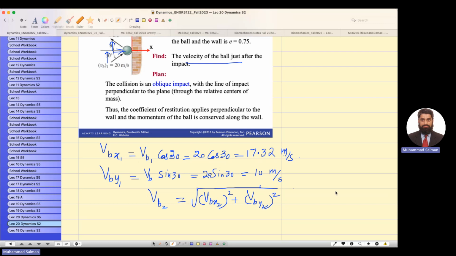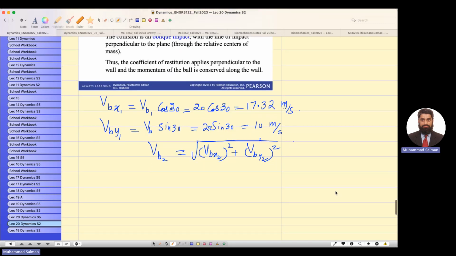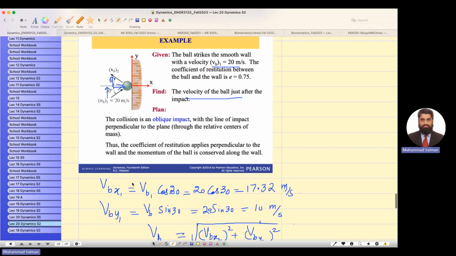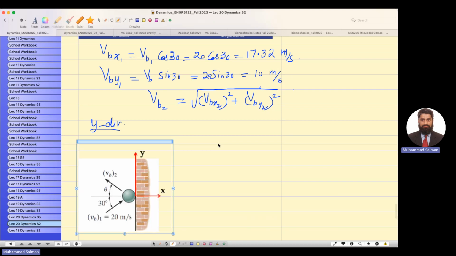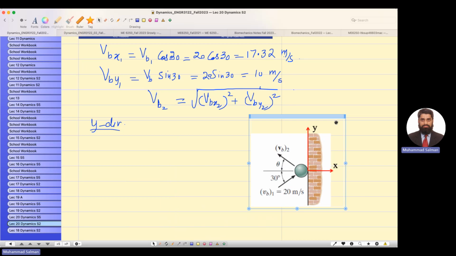And we know one more thing here, that in the y direction, for each particle, I can redo the picture here for your comprehension. Let me show you the y direction. The momentum is conserved in the y direction. This is for oblique impact.